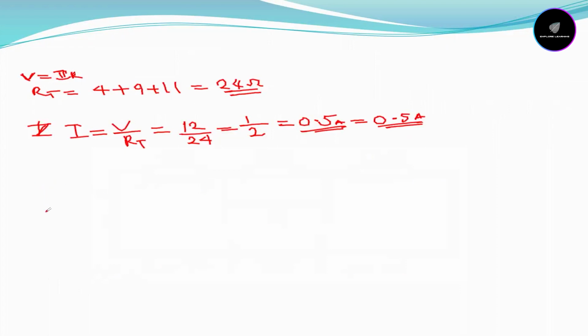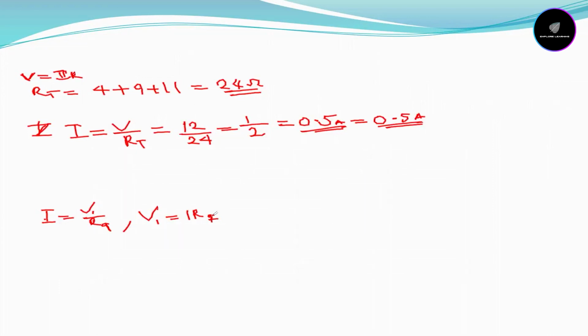So we're going to say I equals V1 over the 9 ohms resistor. So for us to get V1, V1 equals I, which is constant, multiplied by R9, which is the 9 ohms resistor.